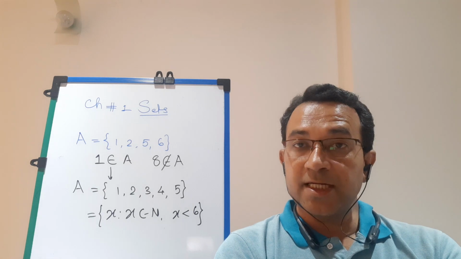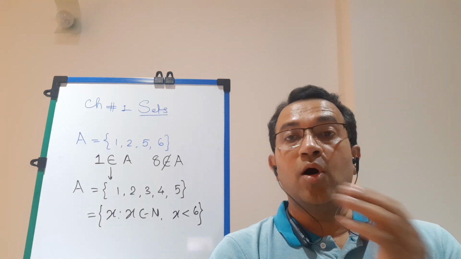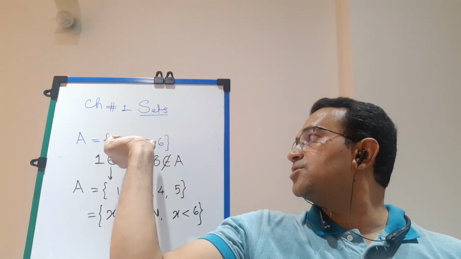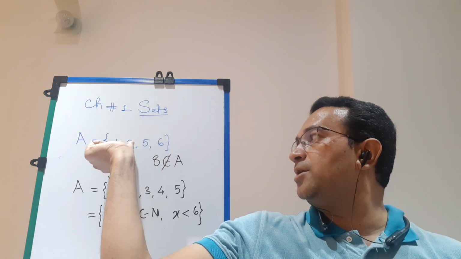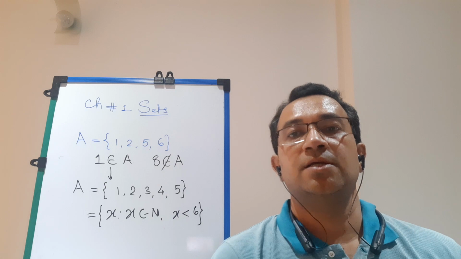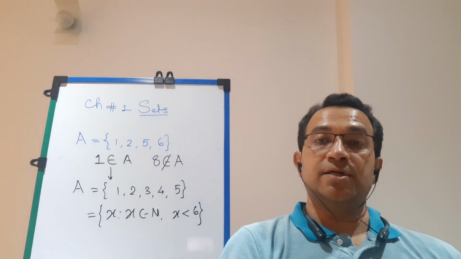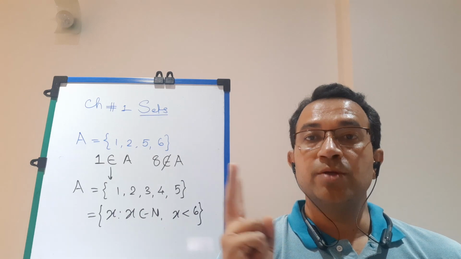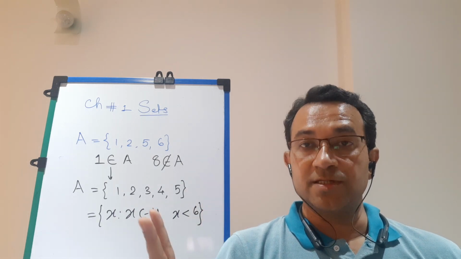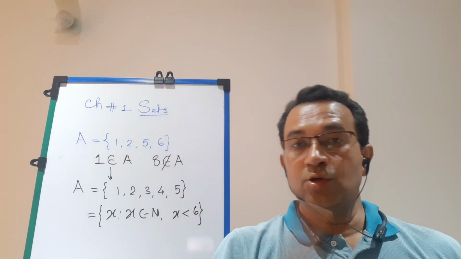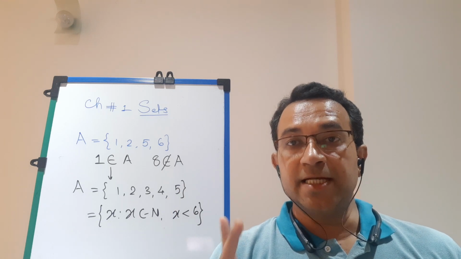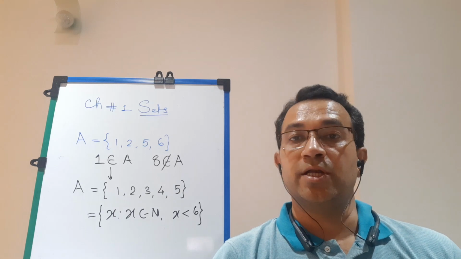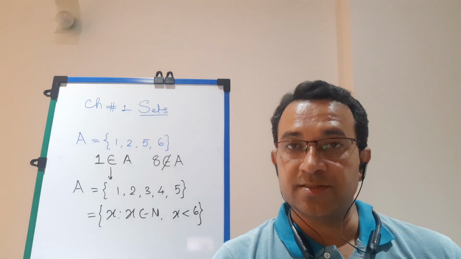And the second important concept: the order in which elements are written is not important. I can shuffle and write 6 first, then 2, then 5, then 1. That doesn't make any difference. So while writing the elements of a set, two important things to consider: first, no elements are repeated in a set, and second, the order in which elements are written is not at all important in sets.